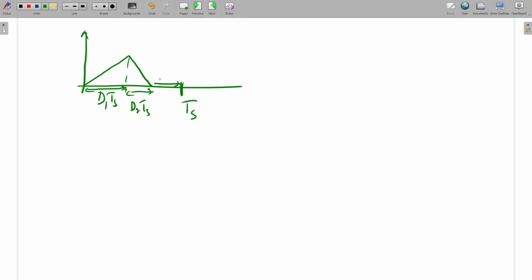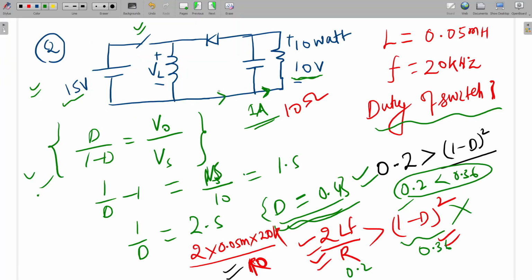And for D3 TS current is 0. So if we see here, this current will be present for D2 TS time only, so we can draw this current as this one. Same current will go to the load, and the average value of this current will be the average value of the load current.